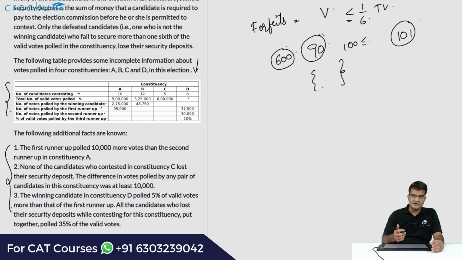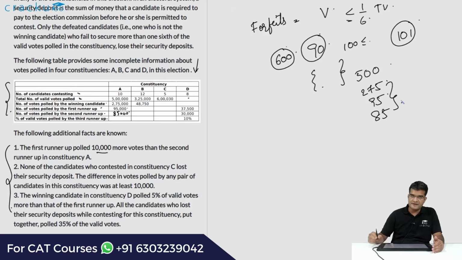We have been given 3 clues, so let us go through them. The first clue says that the first runner-up polled 10,000 votes more than the second runner-up in constituency A. In constituency A, we know that the first runner-up got 95,000 votes. This would imply that the second runner-up got 85,000 votes. So the total number of votes is 5 lakhs, that is 500,000, of which the winner got 275, the first runner-up got 95 and the second runner-up got 85.